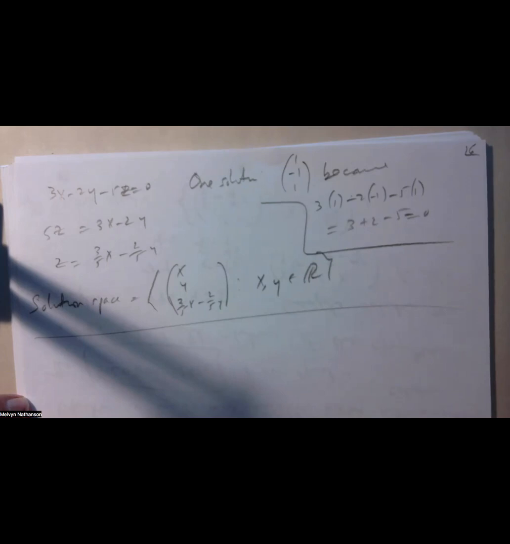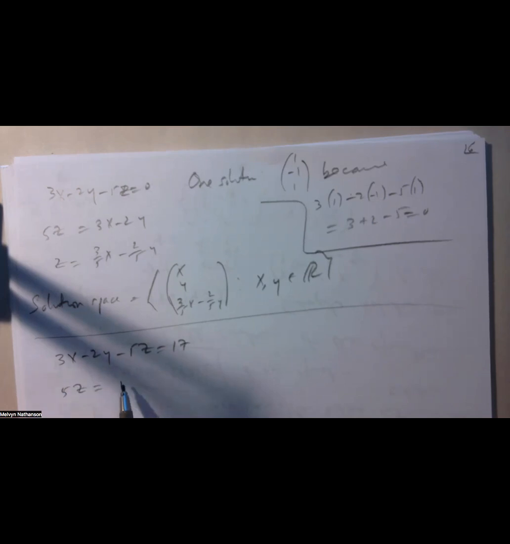Let's look at an inhomogeneous equation. Suppose we have 3x minus 2y minus 5z equals 17. If we solve again for z, we would get 5z equals minus 17 plus 3x minus 2y, or z equals minus 17/5 plus 3/5 x minus 2/5 y.